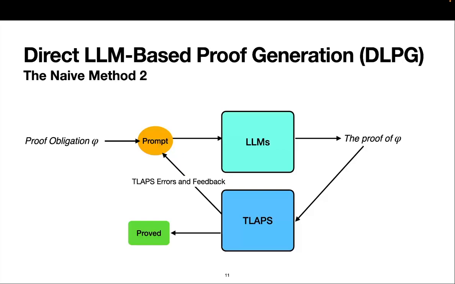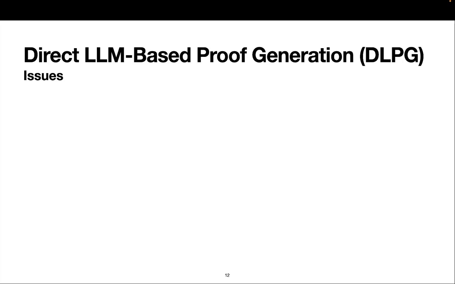Since there is a feedback loop between the LLM and TLAPS, this gives the LLM multiple chances to correct its outputs based on the feedback from TLAPS. But DLPG runs into problems as well.